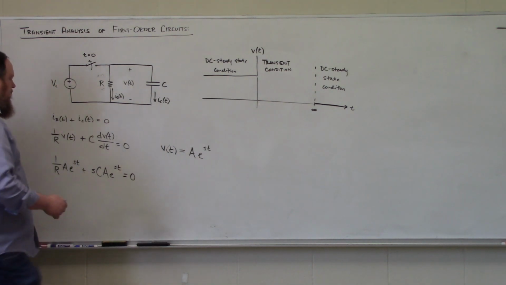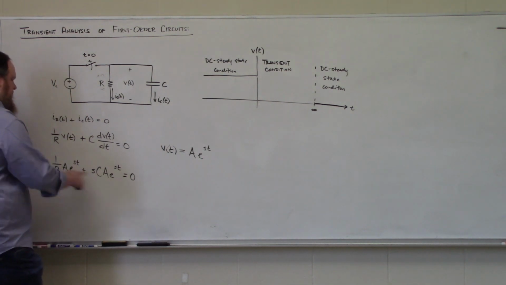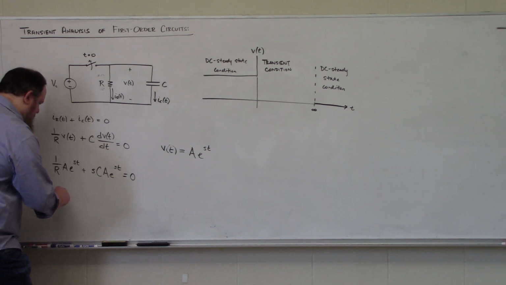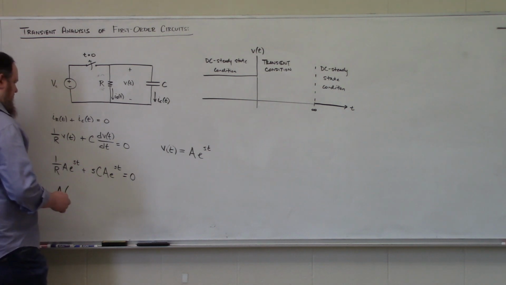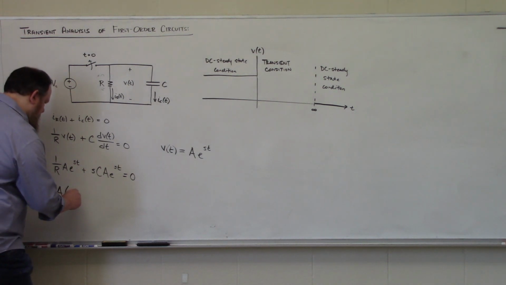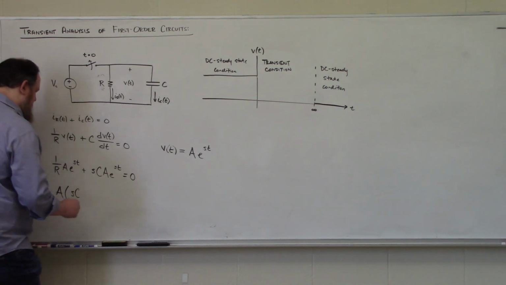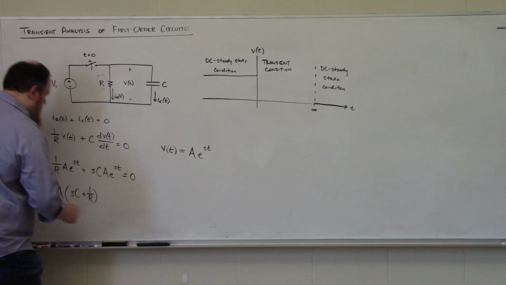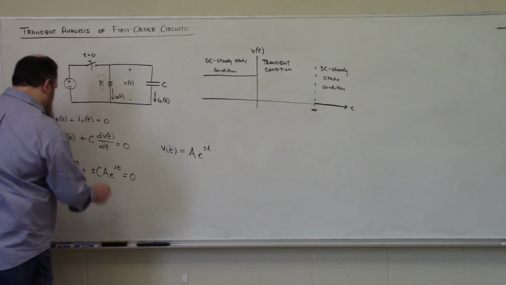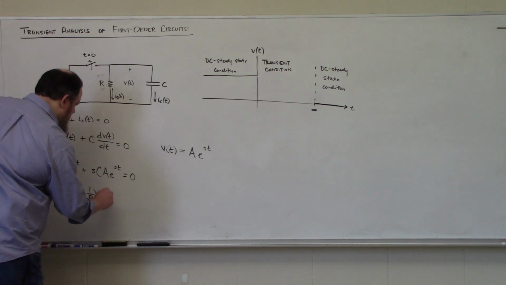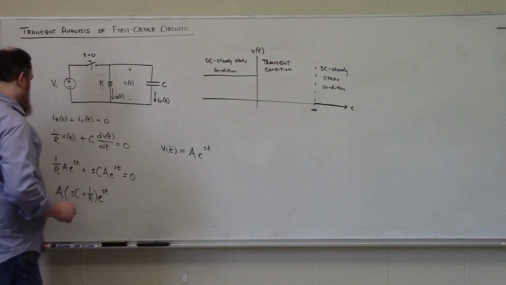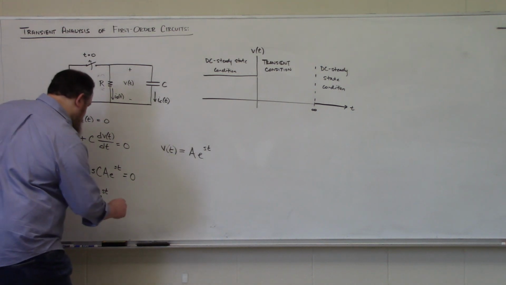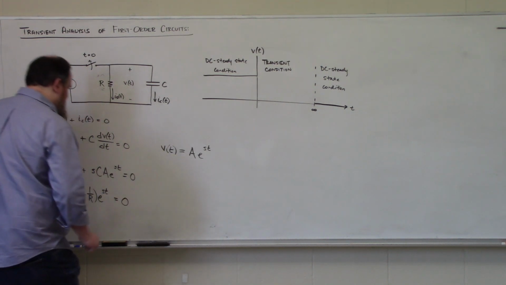And I can rearrange this expression. There's a common factor of A, so I have A, then I have s times C plus 1 over R, and a common factor of e to the st is equal to 0.